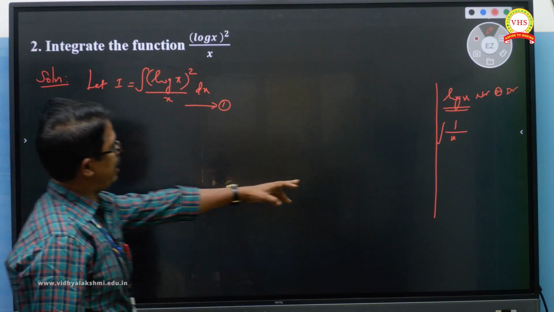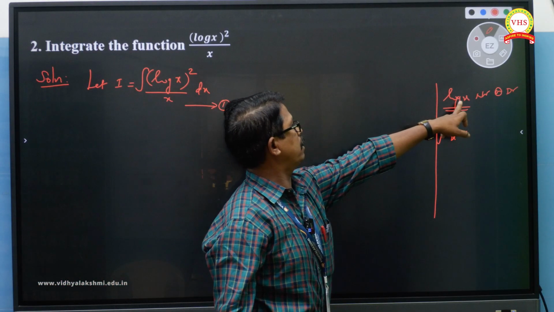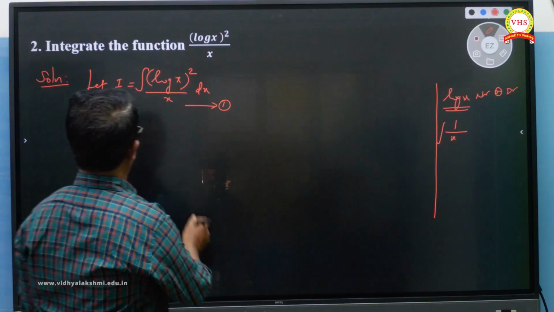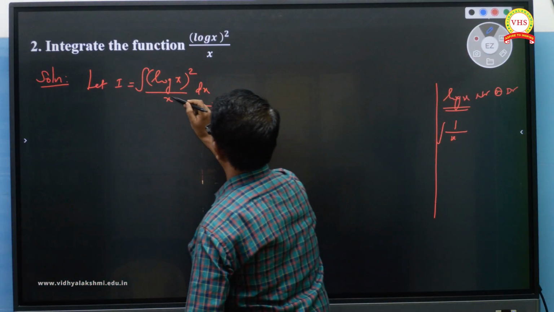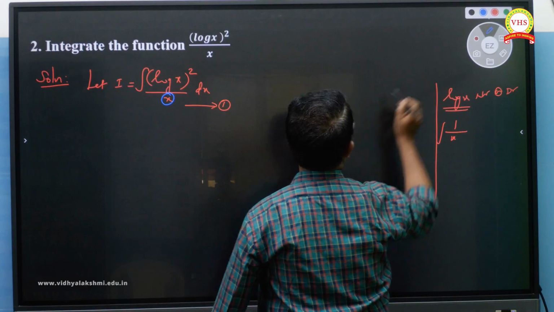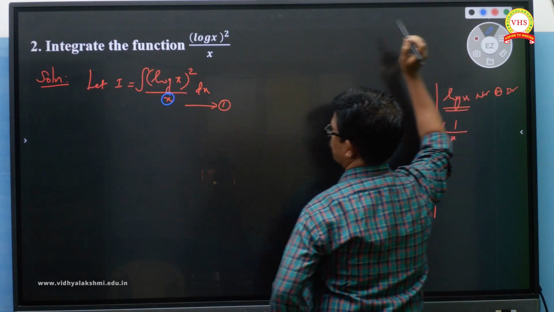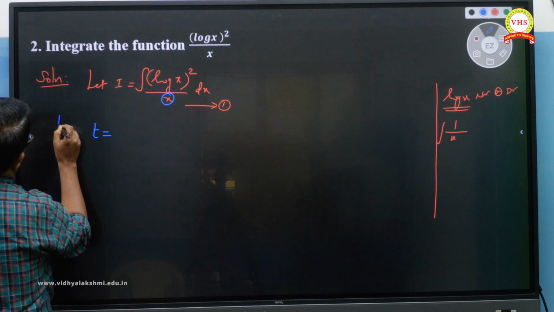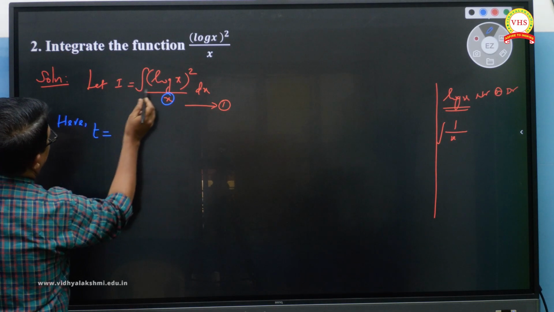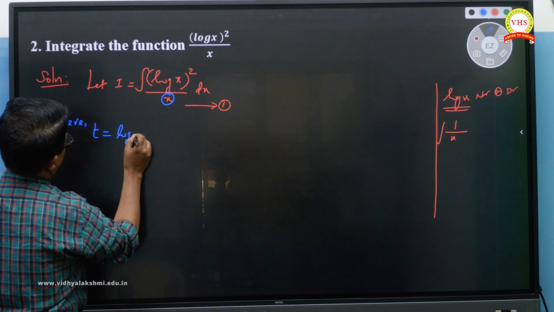What I am telling you here is, when you get any integral with the function log x, there exists the value 1 by x in the denominator. Likewise here, we are going to use the substitution method: t equals log x.